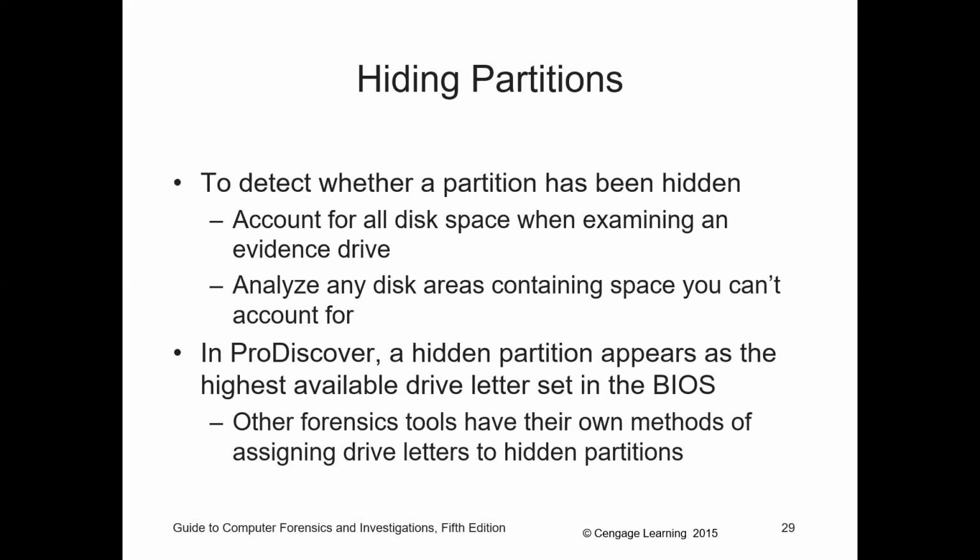So if you're using a tool like ProDiscover, a hidden partition appears at the highest level drive set in the BIOS. So if it is hidden, it will come first as C. Then all the others will now appear as the other items. So depending on what tool you are using, you will always get these hidden files.